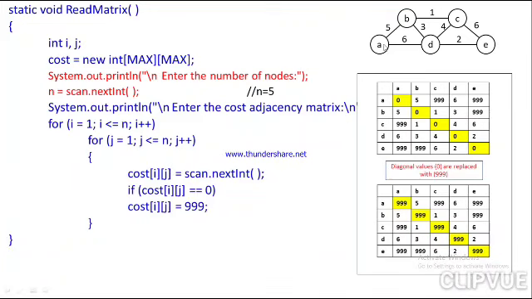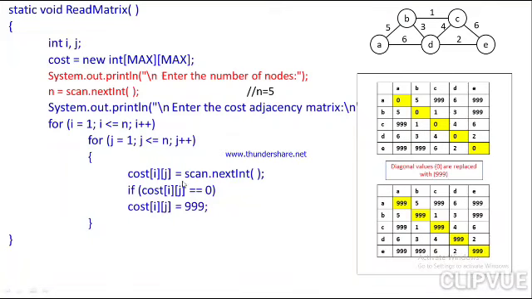You remember this, whenever you will be entering any matrix, the diagonal elements we are considering as 0 only. Therefore, A to C there is no path, so it is 999, and A to D is 6. So enter the cost adjacency matrix.